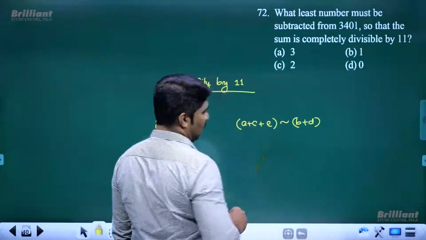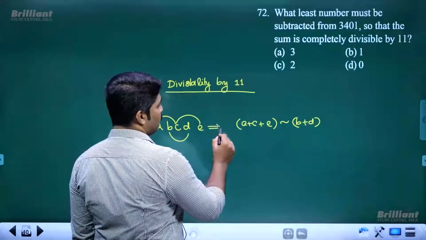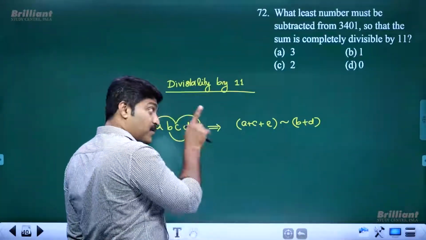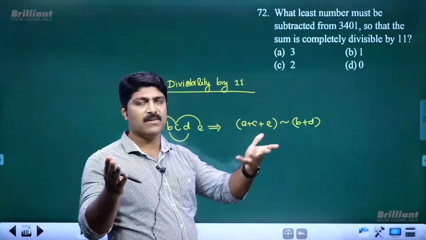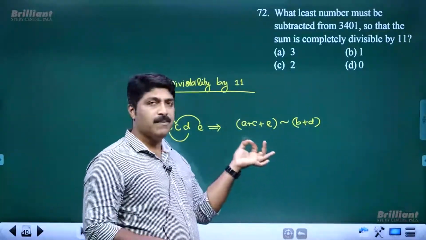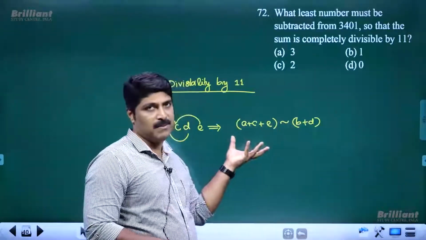Take the difference. The symbol is representing difference. Take the difference of these two values means whichever is greater, we have to keep as the first one and the least one as the second. We have to subtract the least sum from the largest sum.